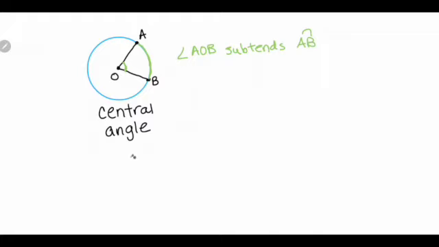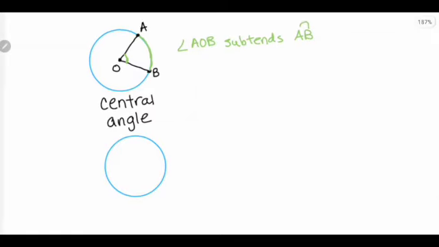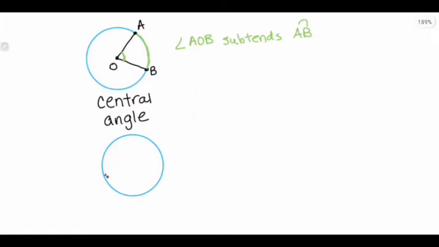Let's also say that we have another circle, and this time, instead of making an angle from the center of the circle, we make an angle and we place the vertex on the circle. We can still say that it subtends the arc AB.